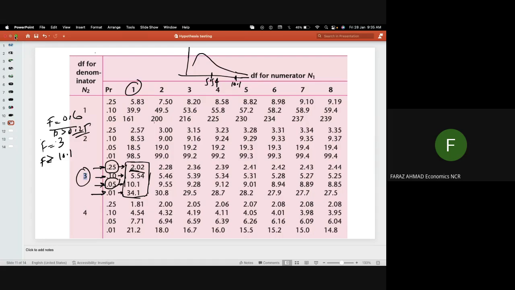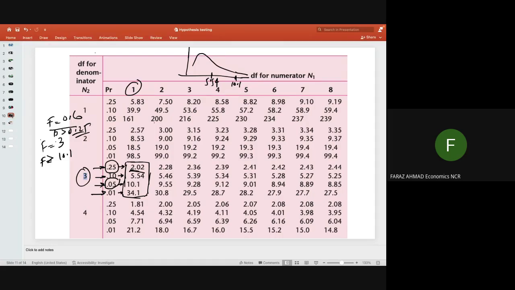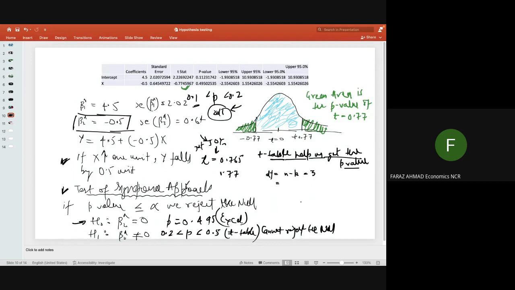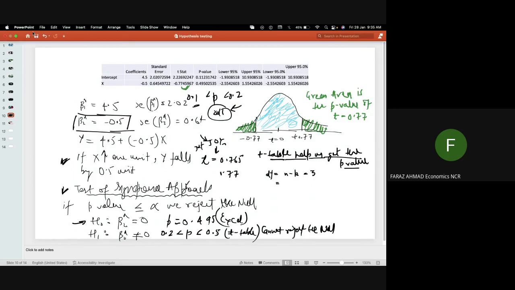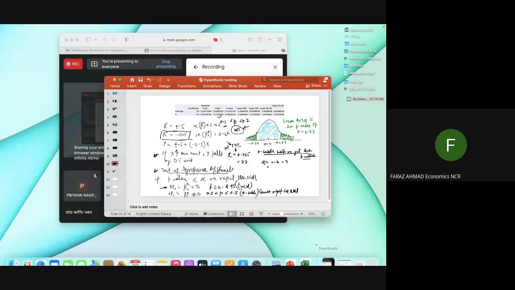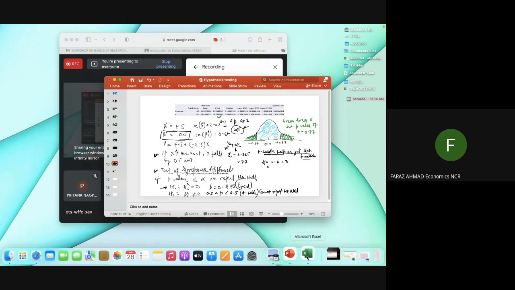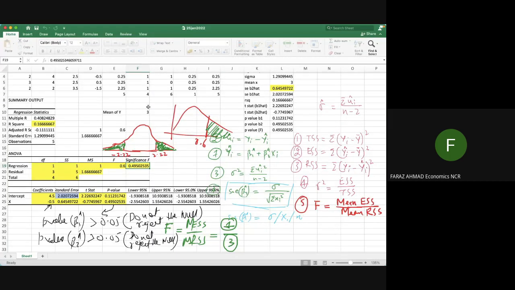right? If we go and see our Excel output, it shows us the F statistic was not significantly different from 0. You can see it is 50% basically, so it is more than 25%. Whether it is 50% or 26% or 25% or 6%, we are not going to reject the null unless the p-value is less than 0.05.